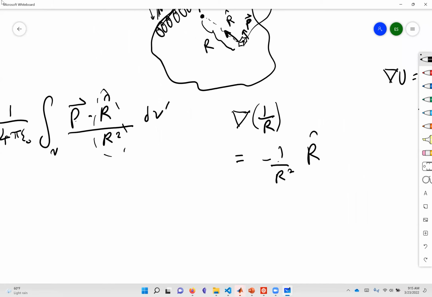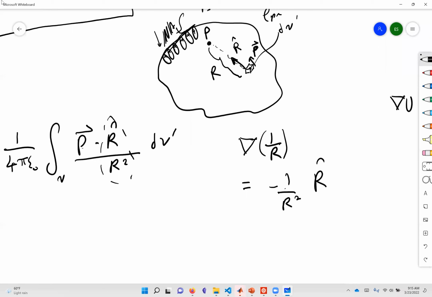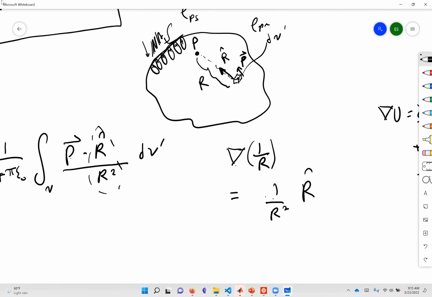So it's somehow tied with this. Here is a subtle point: for this problem, the gradient of 1 over R is actually positive, not negative. Why? Because R is the distance from point P. In general, your origin is at point P because you're integrating everything, and R hat is always pointing to point P. The R hat that we're used to for spherical coordinates actually points in this direction.